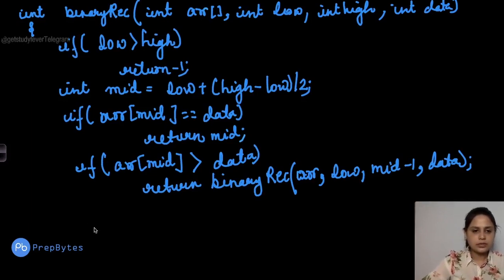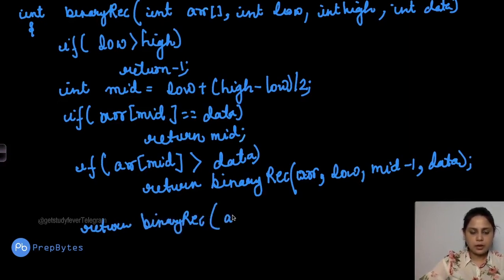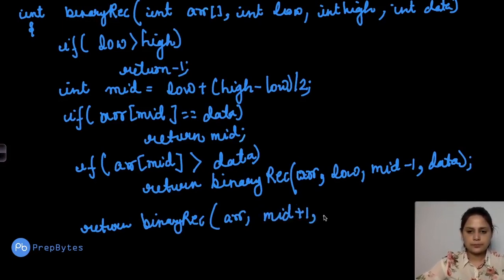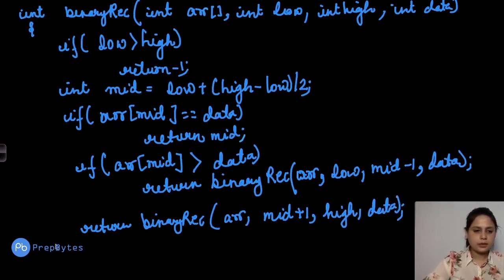So if none of these is true, we simply return binary rec arr, comma, mid +1, comma, high, comma, data. Now this is how my binary search code will work in case of recursion.